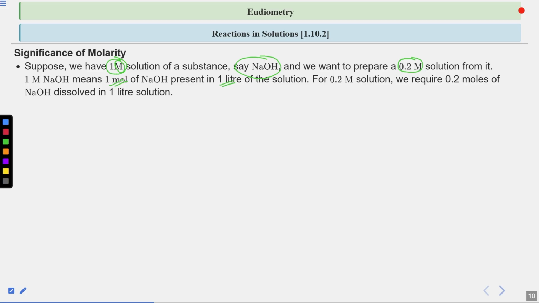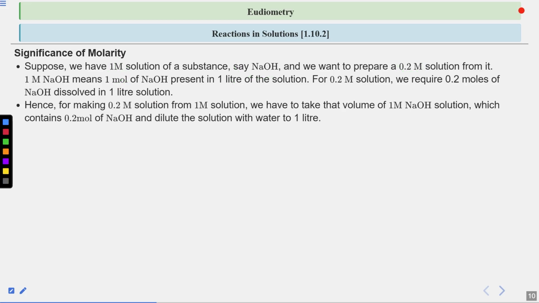Suppose someone asks you to convert a solution whose molarity is 1 M to a solution whose molarity is 0.2 M. How will you do it? Let's see that. Suppose I am doing this in the lab.